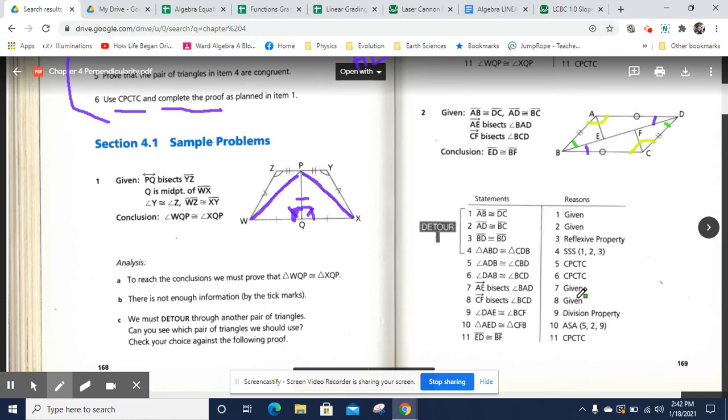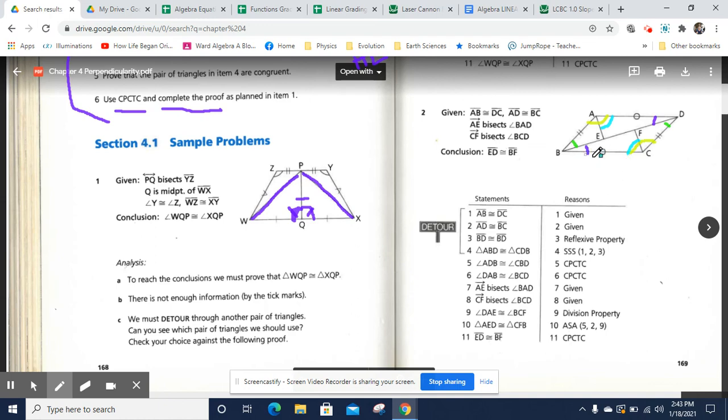All right, if we want to prove this side here is congruent to this side, then it's probably better for us to focus on this triangle and this triangle, because these are sides of them. Since this is bisecting, let me grab a different color. If I split congruent angles in half, then the quotients of congruent things divided by 2 are also going to be congruent.